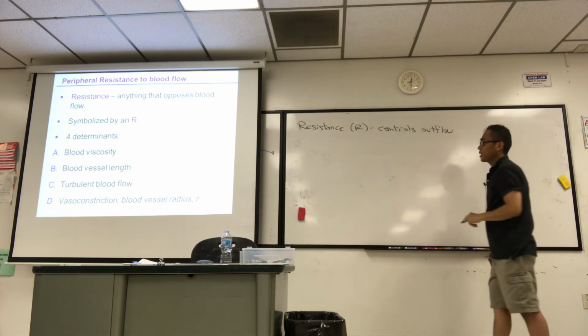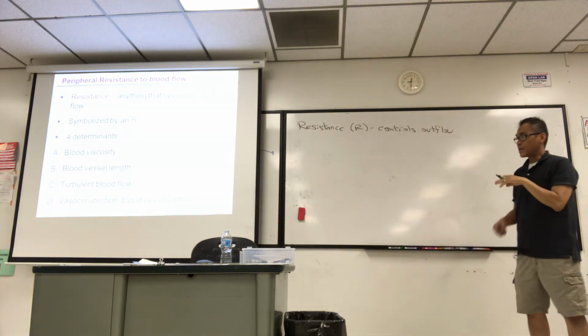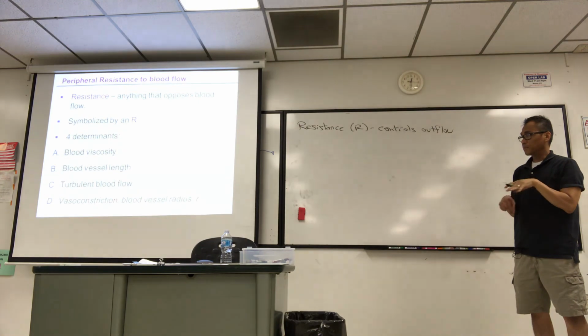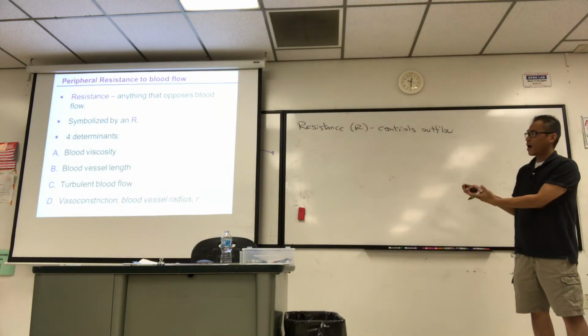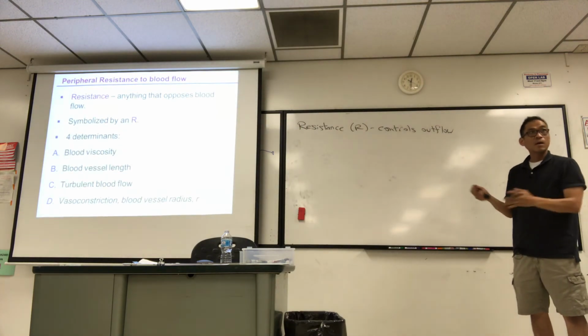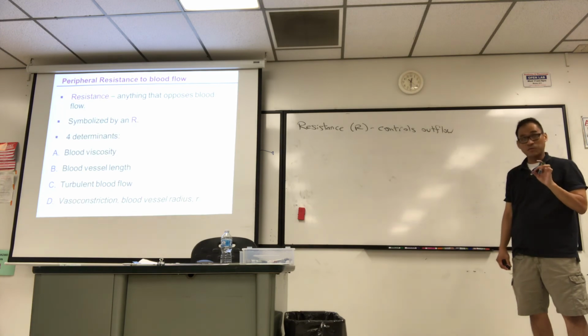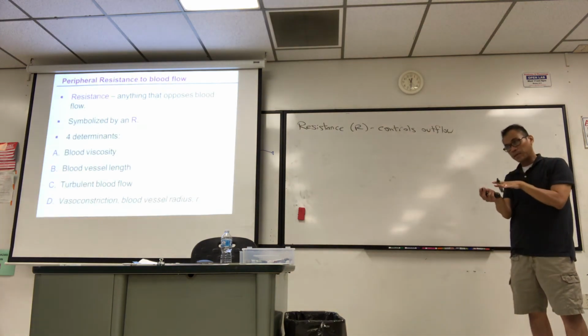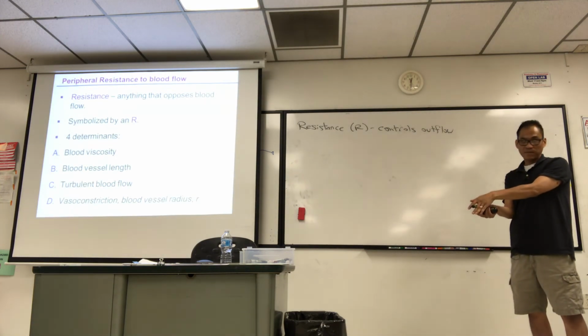So basically anything that resists blood flowing is categorized as resistance. The major source of resistance is actually friction. Friction of the blood rubbing against the inside of the blood vessel.